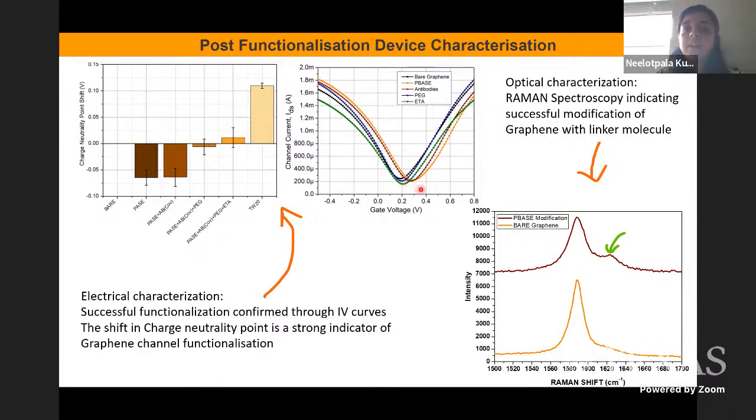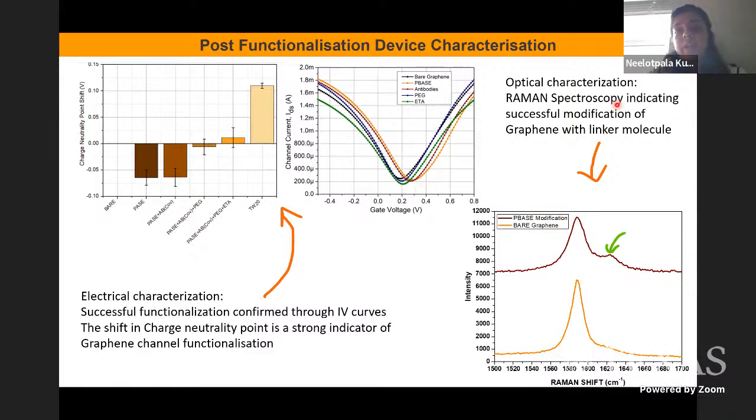So it just indicates that as you keep adding different functionalizing agents, the layer of graphene is getting doped differently, whether it is getting N-doped or P-doped. This has also been shown in a lot of papers earlier. In the literature, this is a very standard way of identifying whether the functionalization of the device, or graphene especially, is going all right or not.